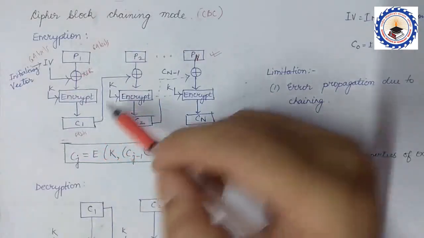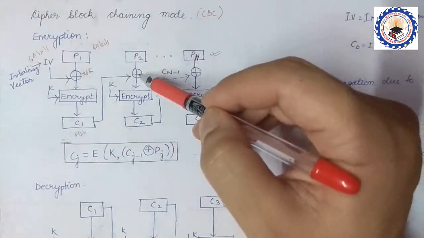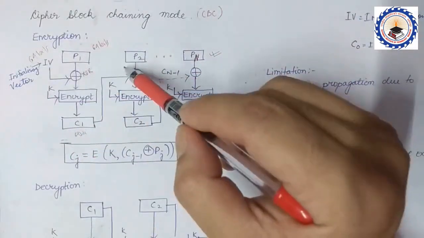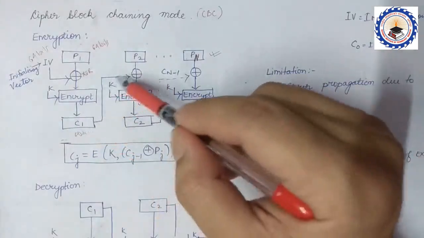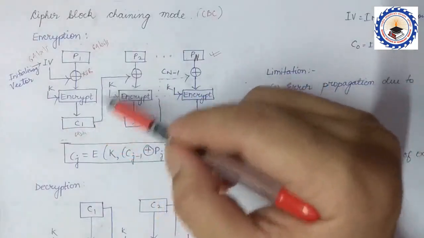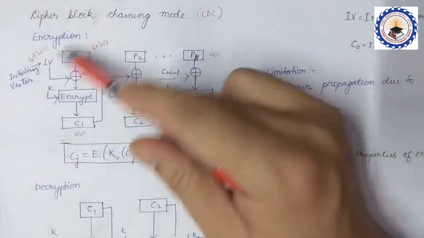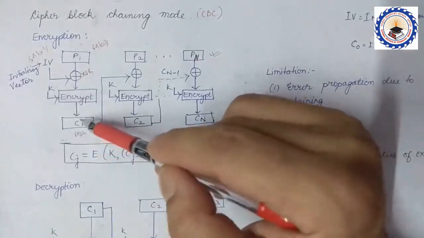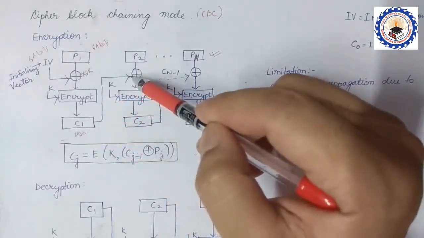Next, we perform the same operations. We have the plain text and we do the XOR operation. But here, instead of taking the initialization vector again, I have a chain of propagation from the previous step, that is, from the output ciphertext. I take it as the chaining input.